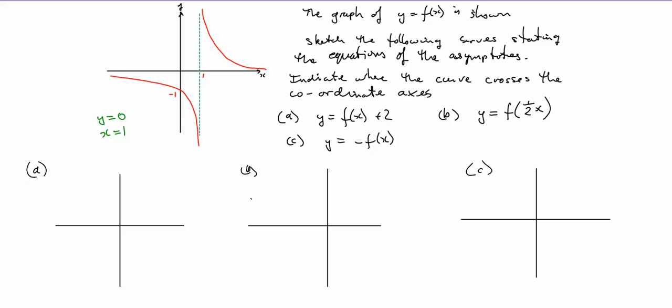So for the first function, y equals f of x plus 2, if you remember, this is a translation parallel to the y-axis of factor 2. So we're moving it up by 2. So what happens to the asymptotes?